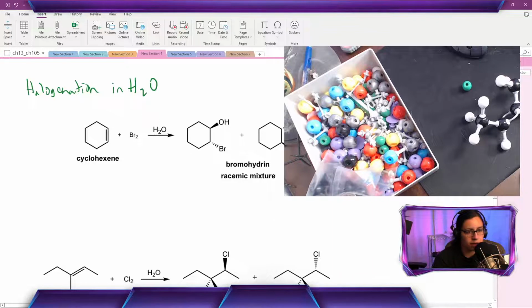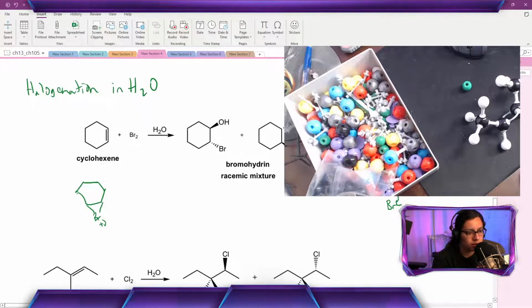So we have our cyclohexene, plus bromine. So now it can do a similar sort of mechanism, right? Forming our intermediate here. Right, so a carbocation intermediate.